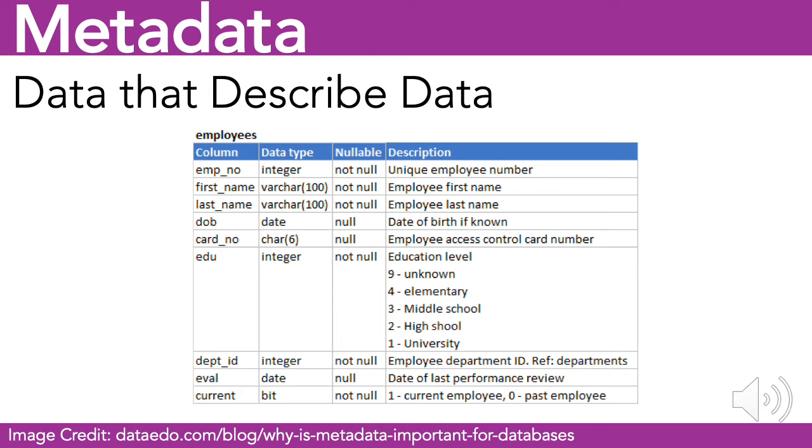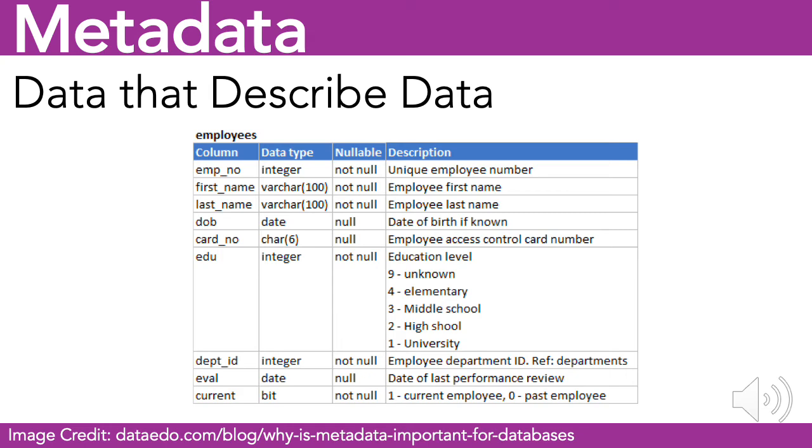I'm defining the name of the column, the sort of data that's going to go in that column, whether or not any cells, any records in that column can include a blank, and a description. Right, I'm further describing what that column is meant to capture.